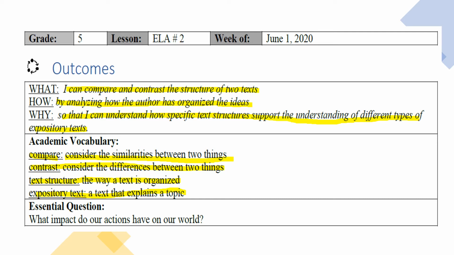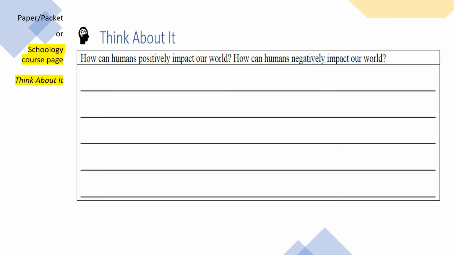Our essential question, what impact do our actions have on our world? Your think about it can be done on paper or in your packet or submitted directly onto Schoology. How can humans positively impact our world? How can humans negatively impact our world?